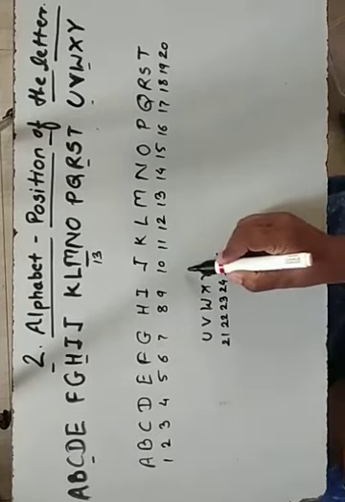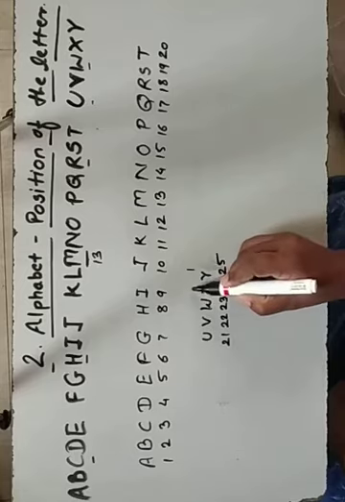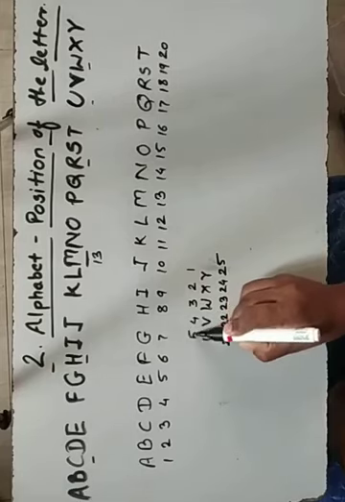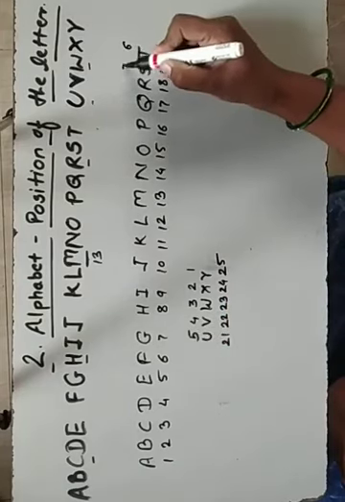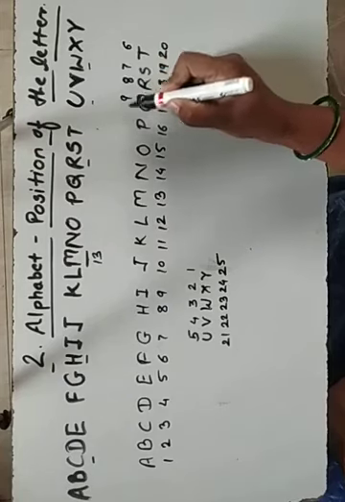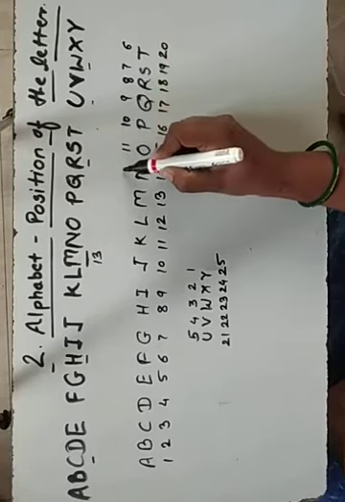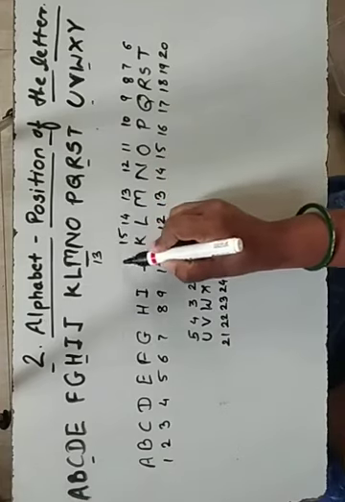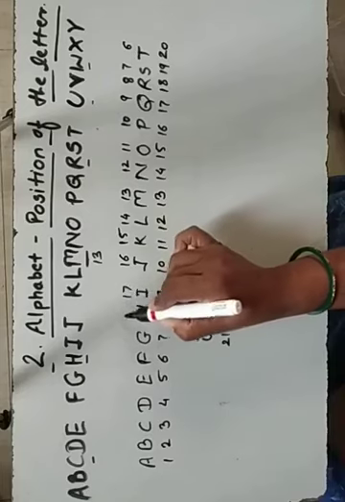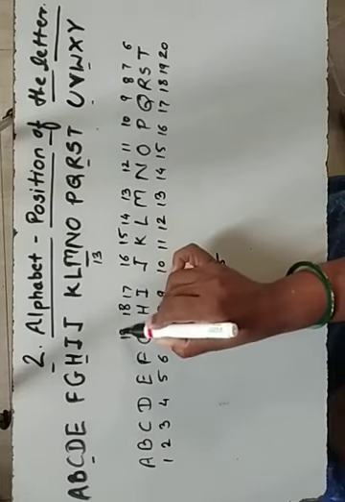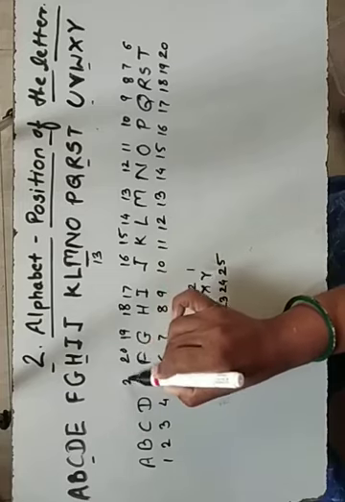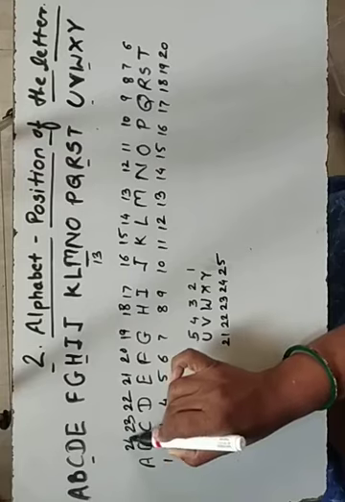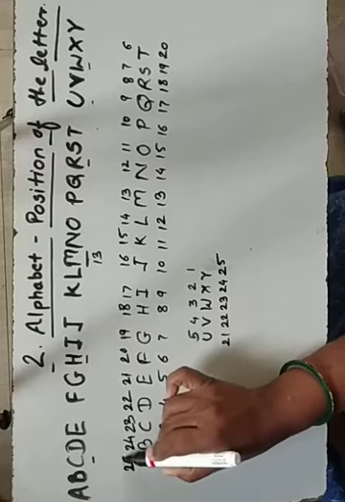So when we are writing from the right, Y will come at first position, X will come at second, W third, 4, 5, 6, 7, 8, 9, 10, 11, 12, 13, 14, 15, 16, 17, 18, 19, 20, 21, 22, 23, 24, and this is 25.